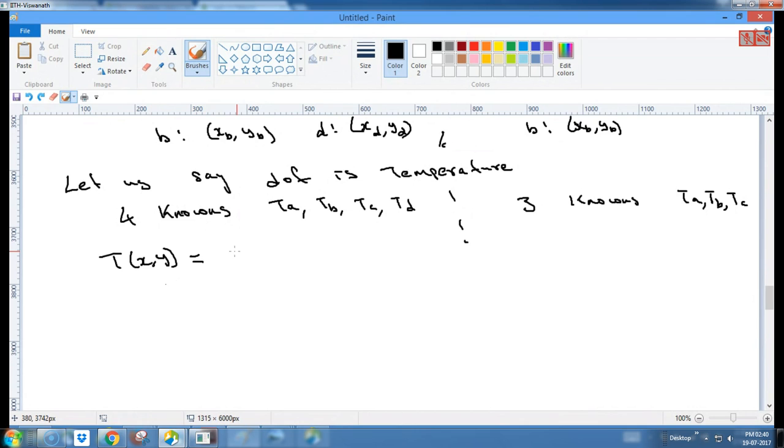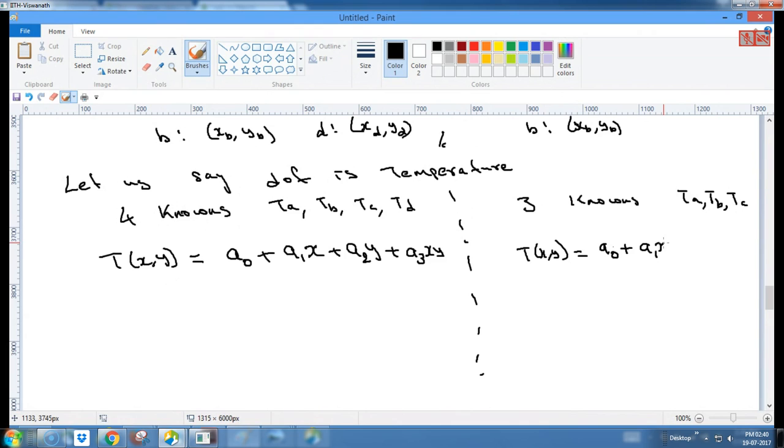So I can write it as A0 plus A1 X plus A2 Y. Since I know only 3, I can have a liberty of 3 constants: T of X comma Y is equal to A0 plus A1 X plus A2 Y.